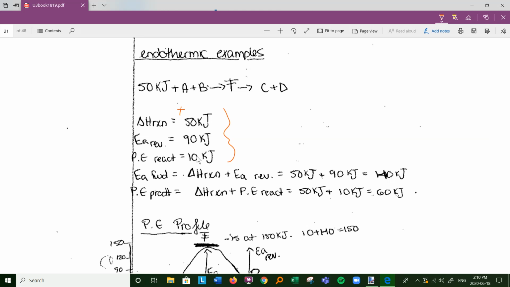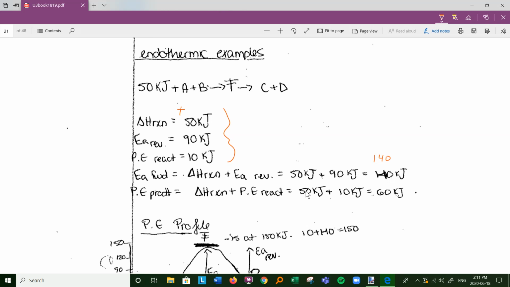This one starts at 10, and we want to get the other 2. So EA forward is delta H plus EA reverse, so 50 plus 90, 140 kilojoules. And the products is delta H reaction plus the reactants, so 50 plus 10, which is 60.